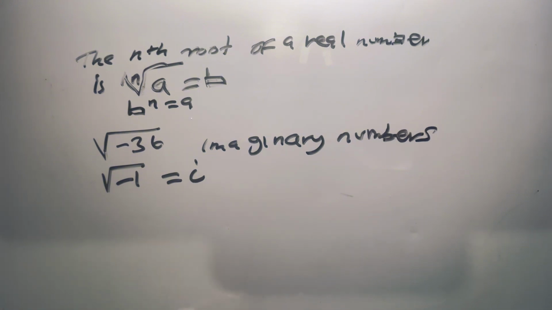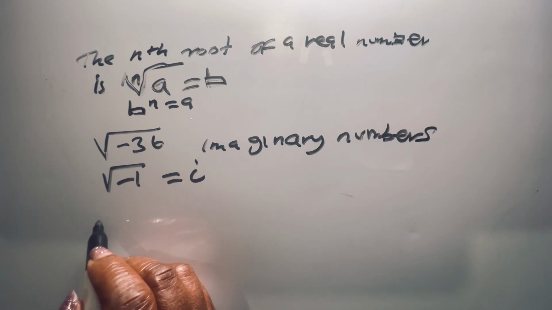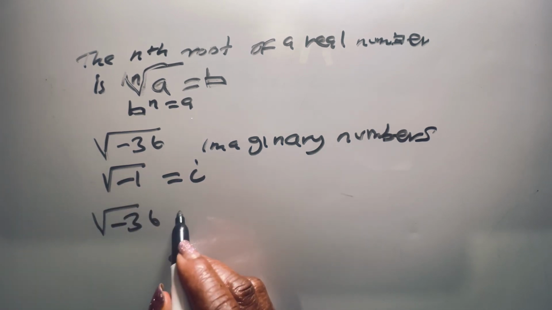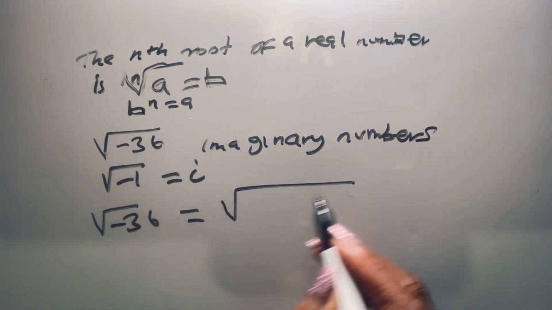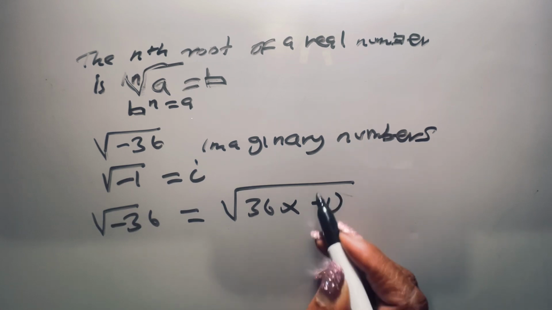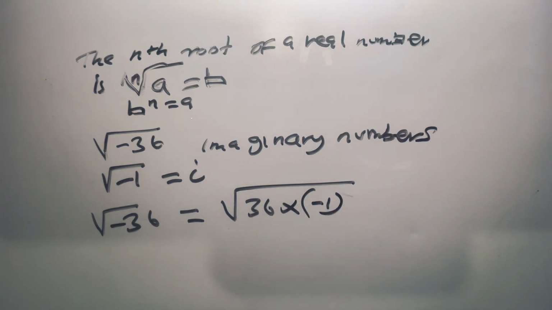This is how it works. So first we're going to express the square root of negative 36 as root of 36 times negative 1. Then we're going to separate the square roots: the square root of 36 times the square root of negative 1.